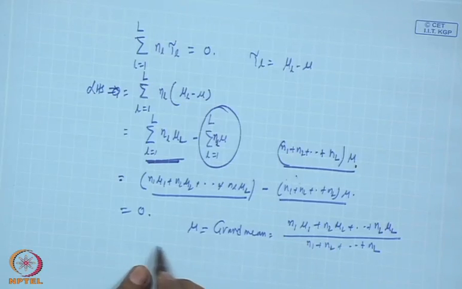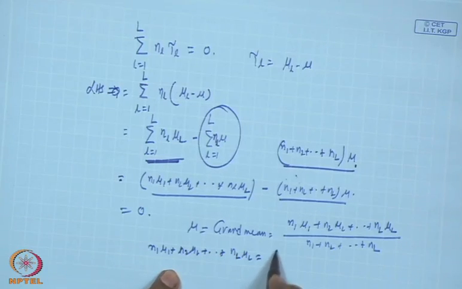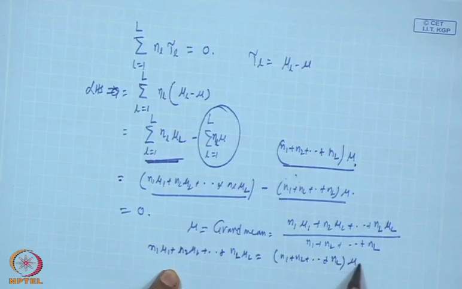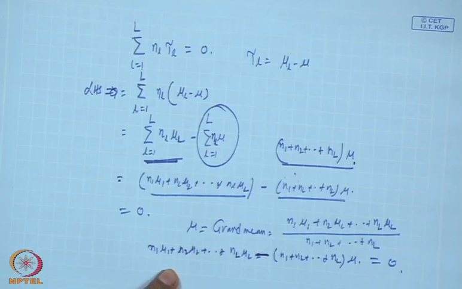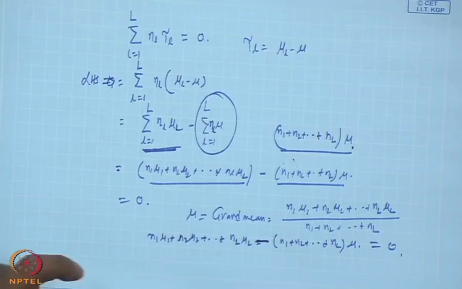So, you can write from here N 1 mu 1 plus N 2 mu 2 plus N L mu L equal to N 1 plus N 2 plus N L into mu. Then if you subtract, this will become 0. This is the case. Okay.